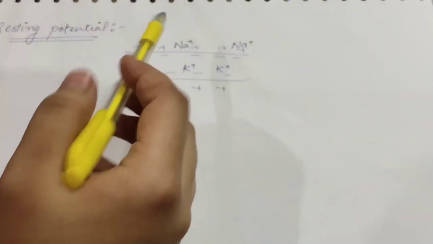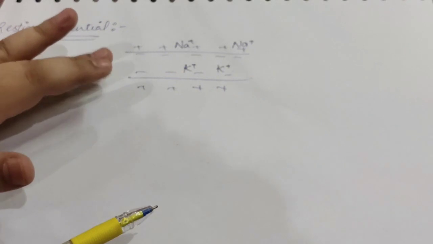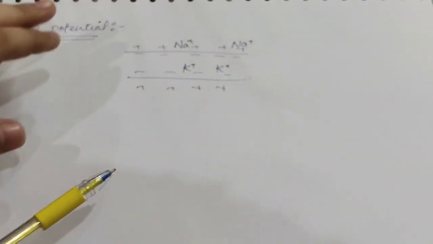This difference of the positive and the negative across the plasma membrane is known as the potential difference.